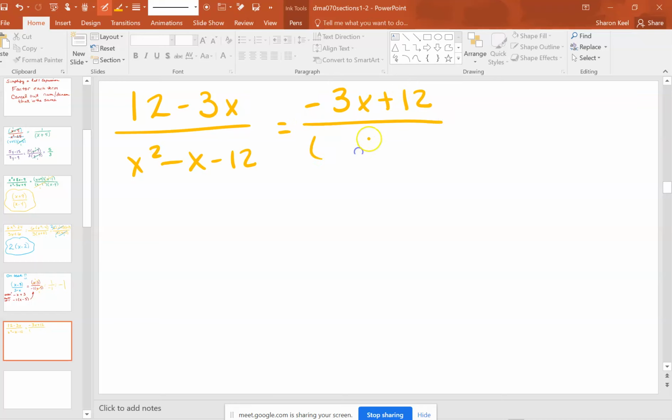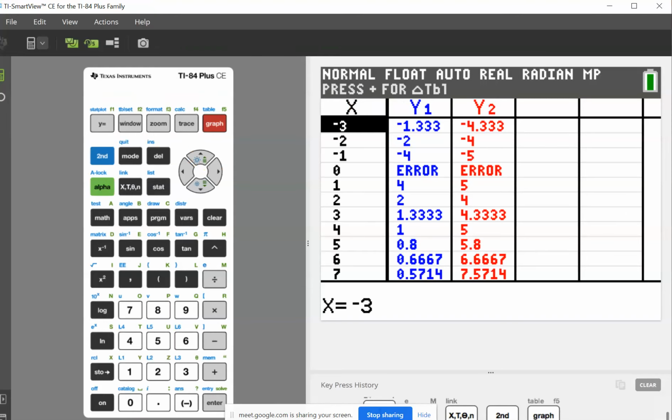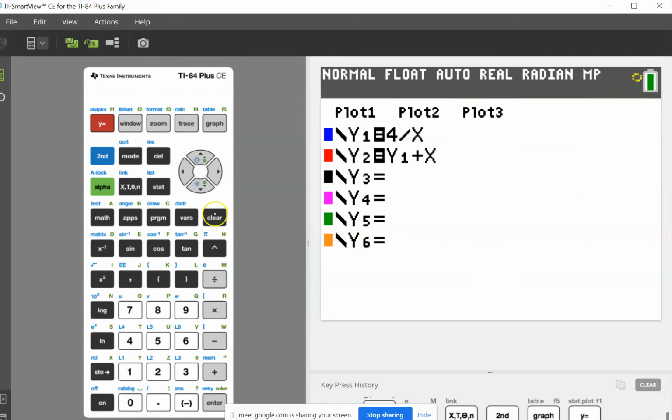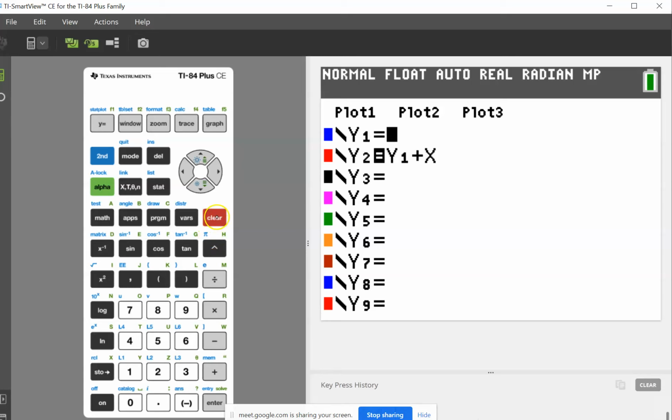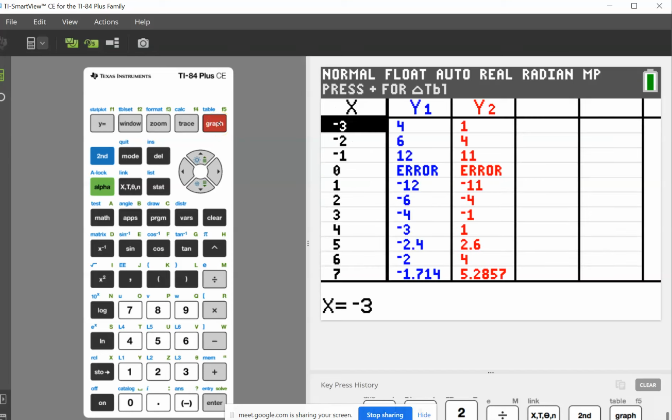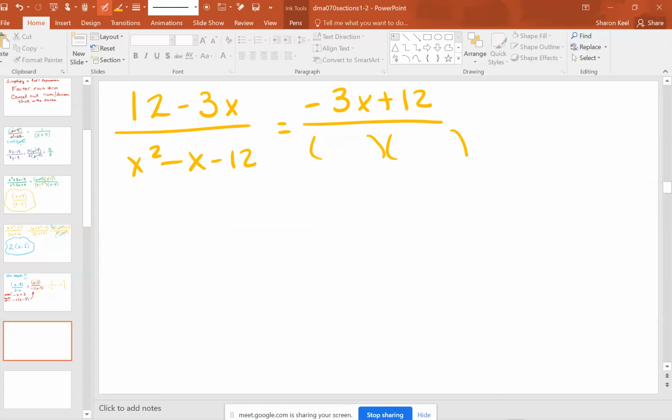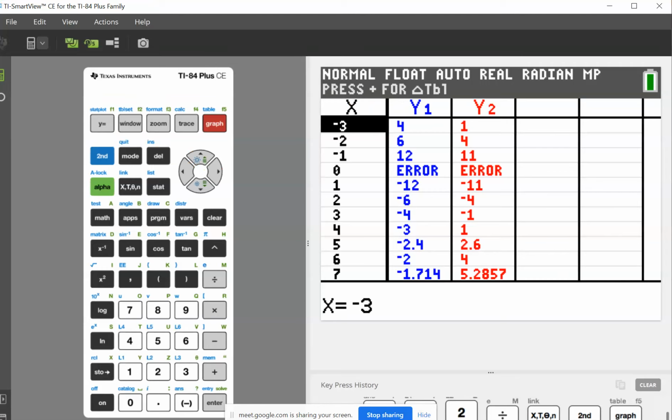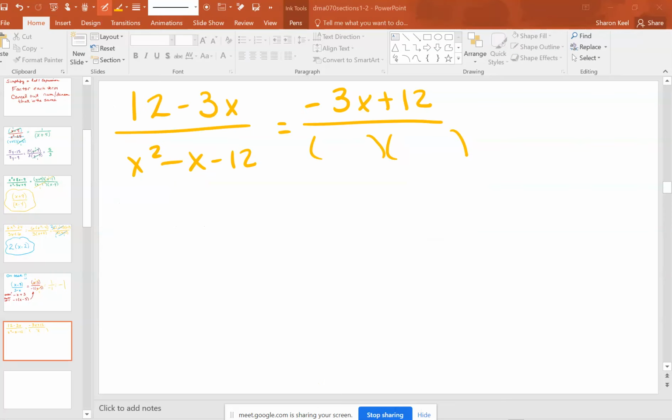And I can go ahead and factor this denominator. Let's do the calculator. Clear. We've got negative 12 divided by x, second table. We're looking for our middle number, which is a negative 1. So negative 1 would be a negative 4 and a positive 3.